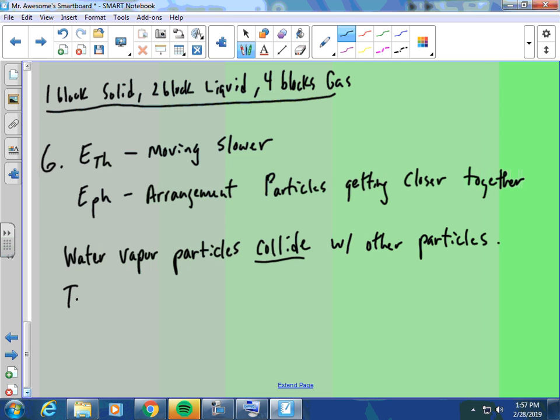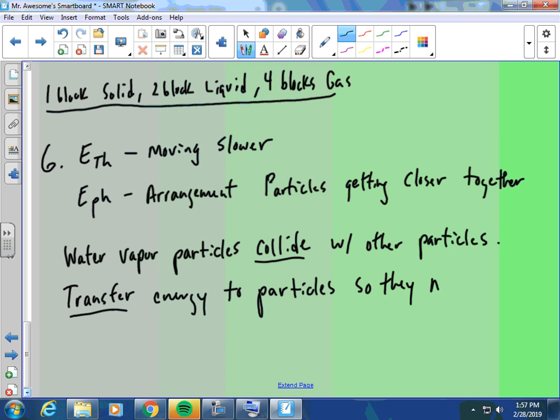And talk about the transfer. That's the 4th thing. So if they transfer energy to other particles, it makes sense that they would now have less energy. Okay?